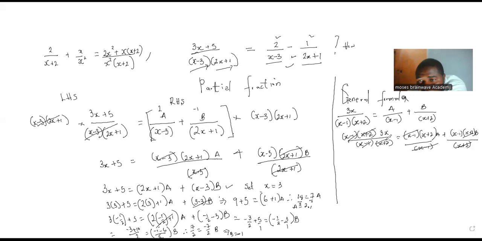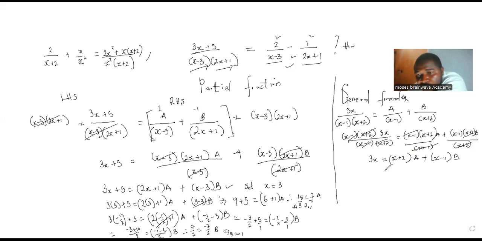So I left 3x is equal to x plus 2, and all these are the coefficient of A, plus we have x minus 1. All these are the coefficient of B. Fantastic. So what can you see?